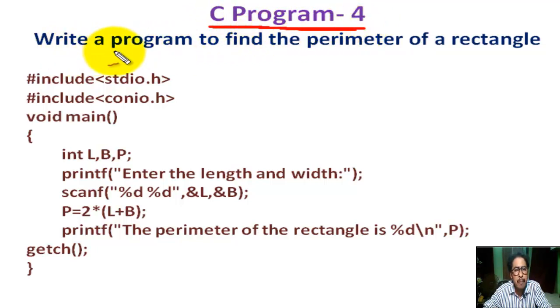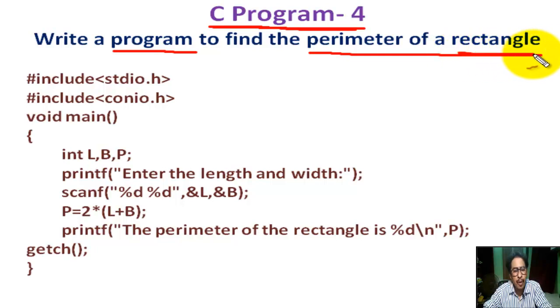write a program to find the perimeter of a rectangle. Okay, first we add two header files: stdio.h and conio.h.